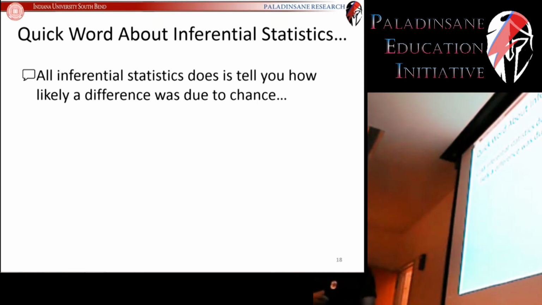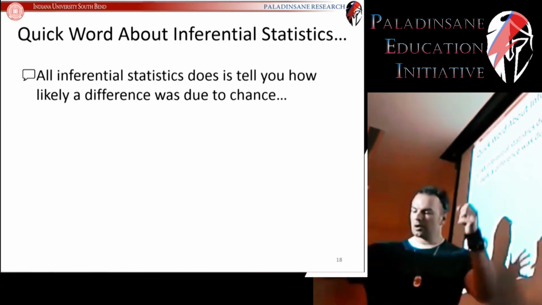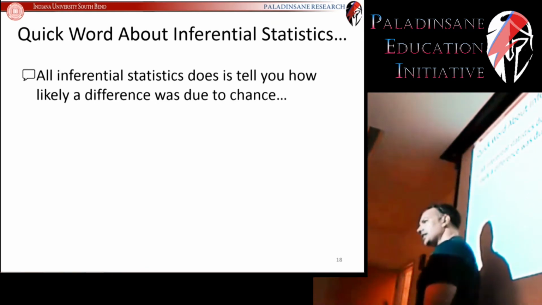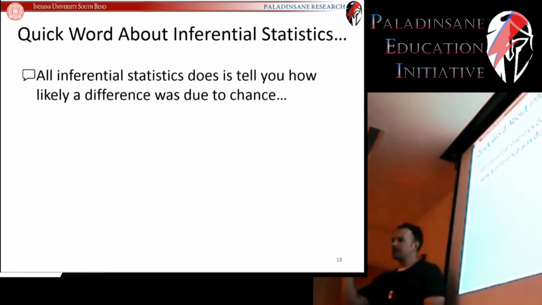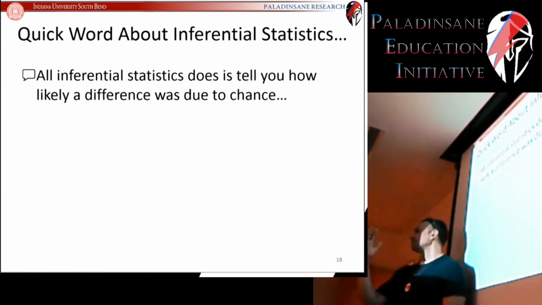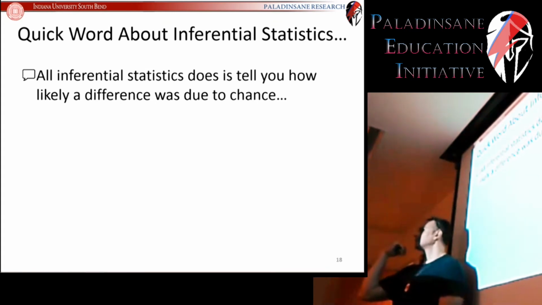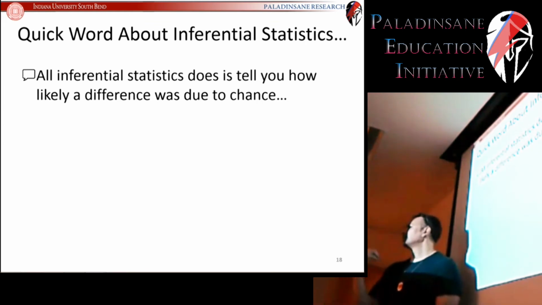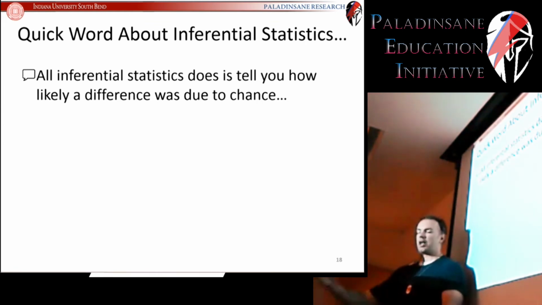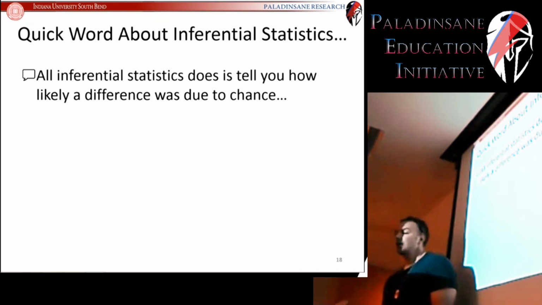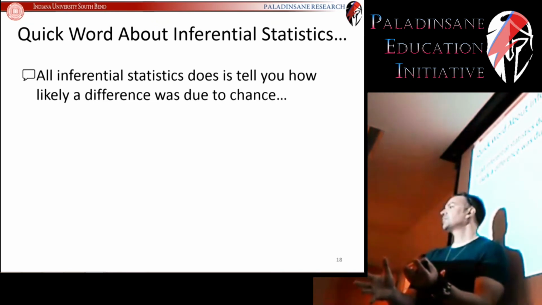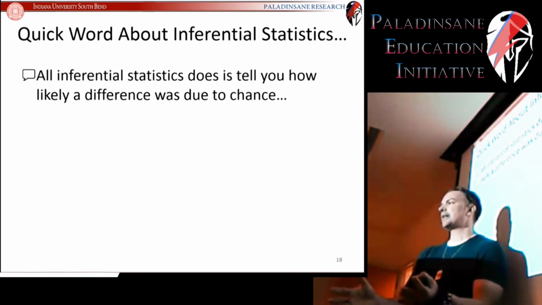All it tells you, its final destination, is whether a difference that you see between conditions is a real psychological difference, or have you just created a difference due to chance?